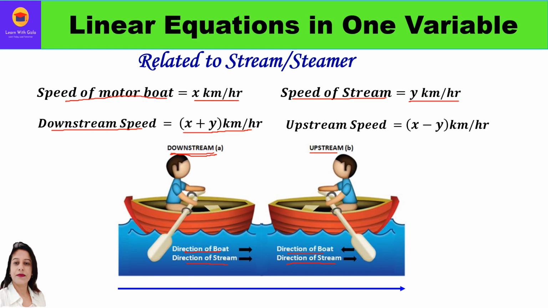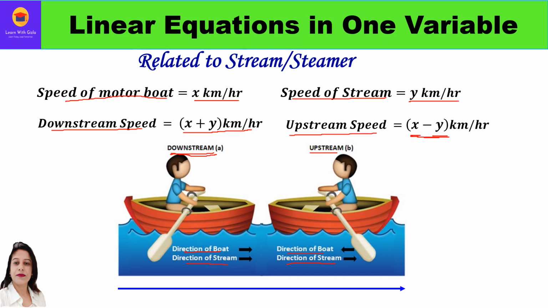Now in case of upstream speed, the opposite happens, because now I am rowing my boat in the opposite direction. I am rowing it against the flow of the water. So my speed of the boat will reduce with the speed of the stream. So my actual speed will be now x minus y.